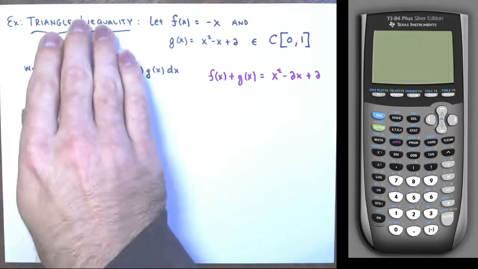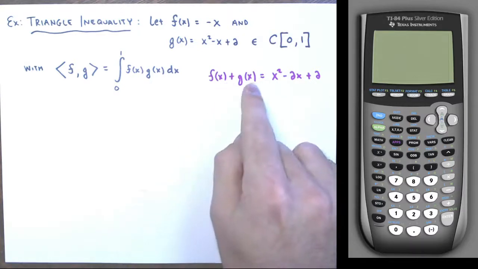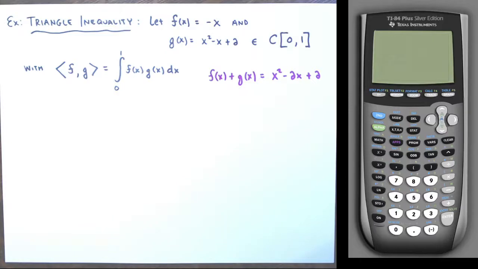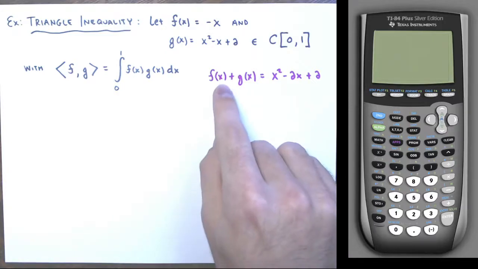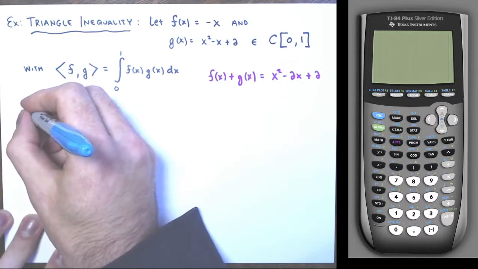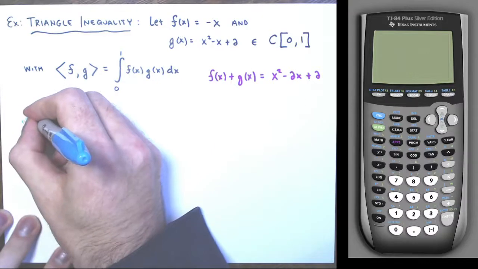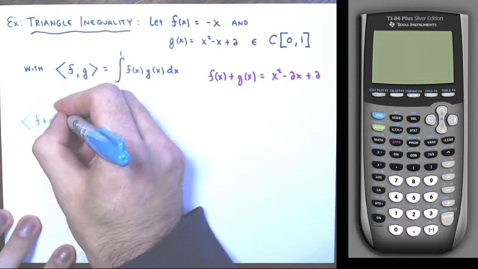And I'm trying to demonstrate that the triangle inequality should hold for norms on any inner product space, right? The way we define the norm as the square root of the inner product of a vector with itself. All right, so let me find this. What's the norm of f plus g? So that will require finding the inner product of f plus g with itself.